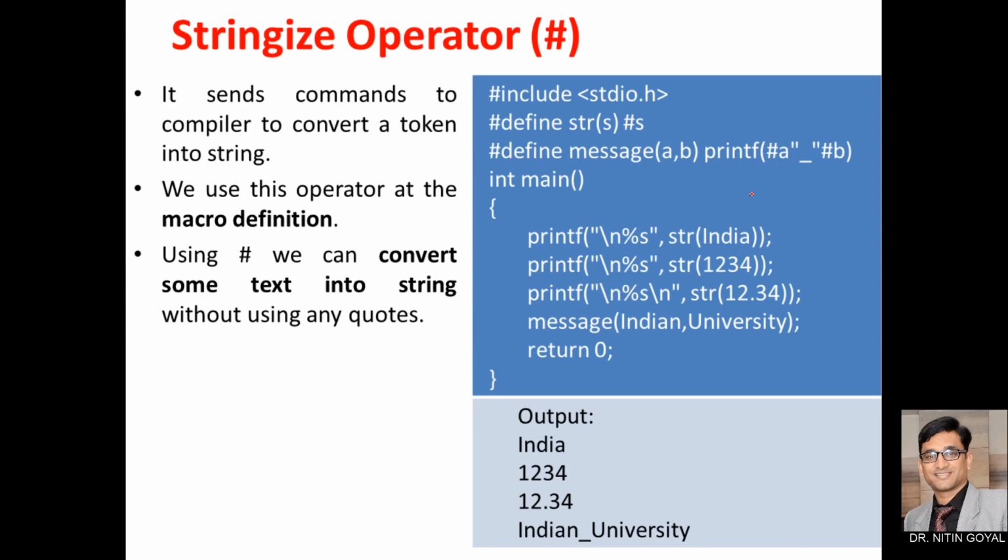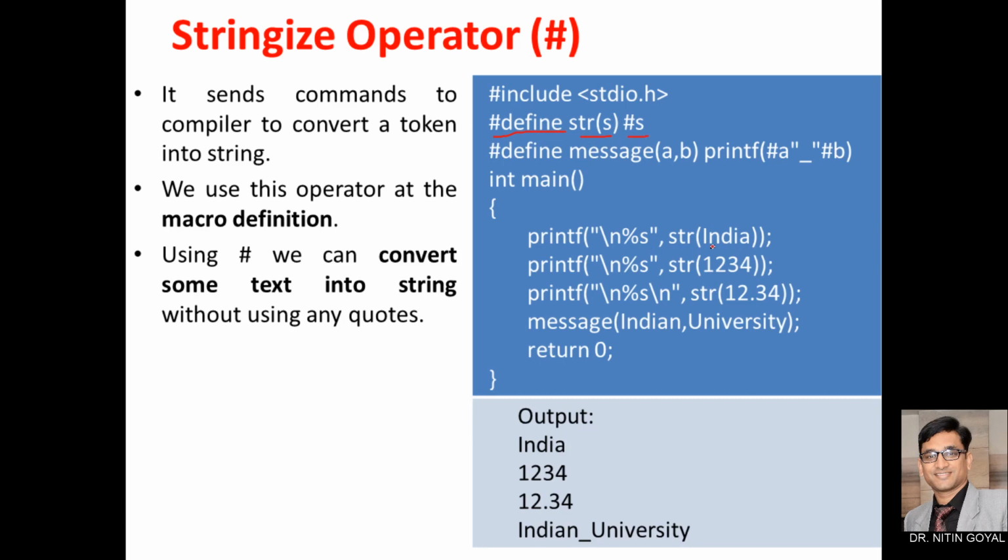The stringize operator, #, is used to convert some text into a string. Whatever the text is, it can be numeric, it can be alphabetical. Here you can see we have defined STR as #s. #s stands for the value of s.